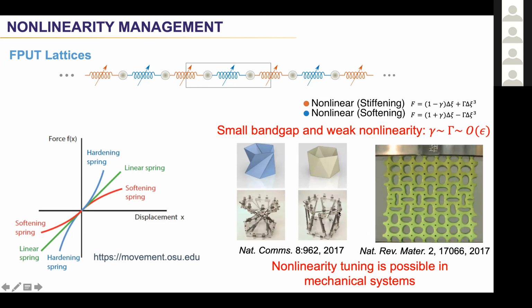We have been looking at some configurations where, for example, geometric or topological optimization can be used to optimize the geometry to have this hardening or softening behavior, which mimics this kind of nonlinearity. Primarily it has been more into topological optimization and looking for the optimized geometry.